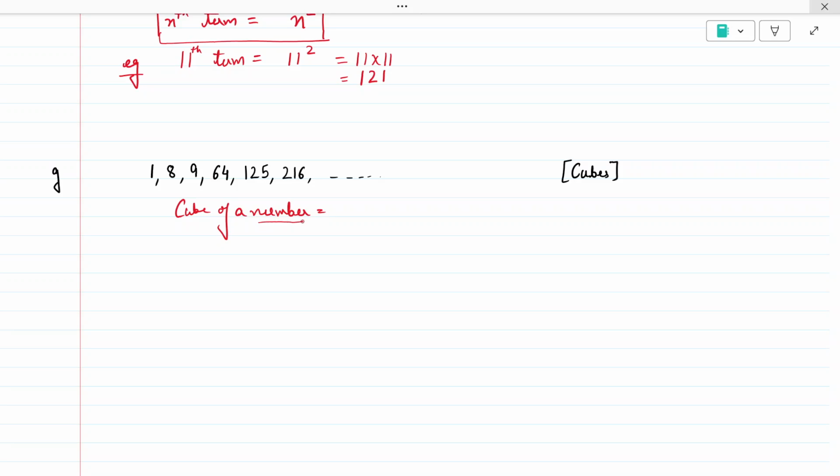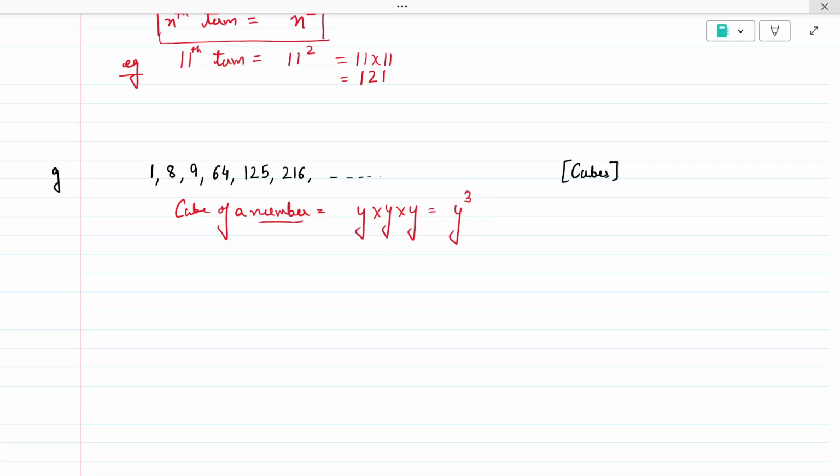Let's say I denote this number by Y, because I don't want to confuse your A and N with this. So the cube of a number will be Y multiplied by Y multiplied by Y, three times, and we denote it as Y cube. Cube means 3.